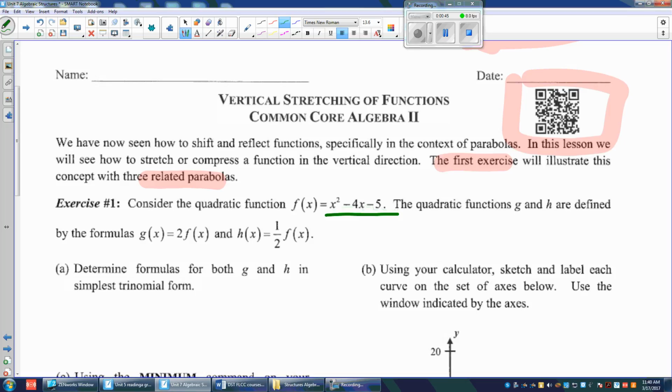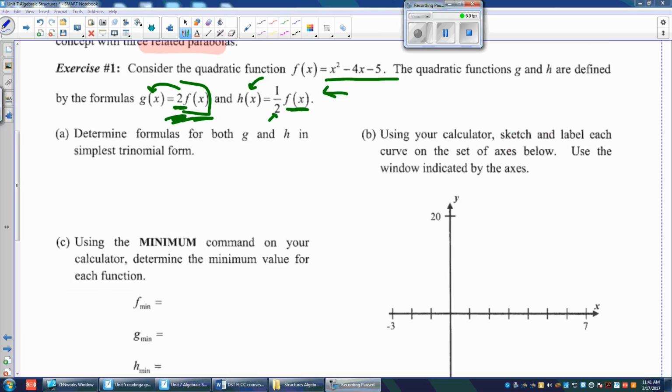And g and h are defined as the fact that whatever f's answer is, we're going to multiply it by 2, and that'll give us g's answer. Whatever f's answer is, we're going to multiply it by 1/2, and that'll give us h's answer. So let's see. Looks like this one we might relate and say that's bigger, and that one we're going to relate and say it is smaller.